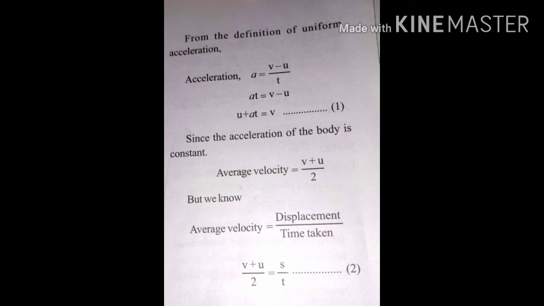Next, average velocity. Since the acceleration of a body is constant, the average of the two velocities u and v is their sum divided by 2. So average velocity equals v plus u by 2. But we already know average velocity equals displacement by time taken. So v plus u by 2 equals s by t.